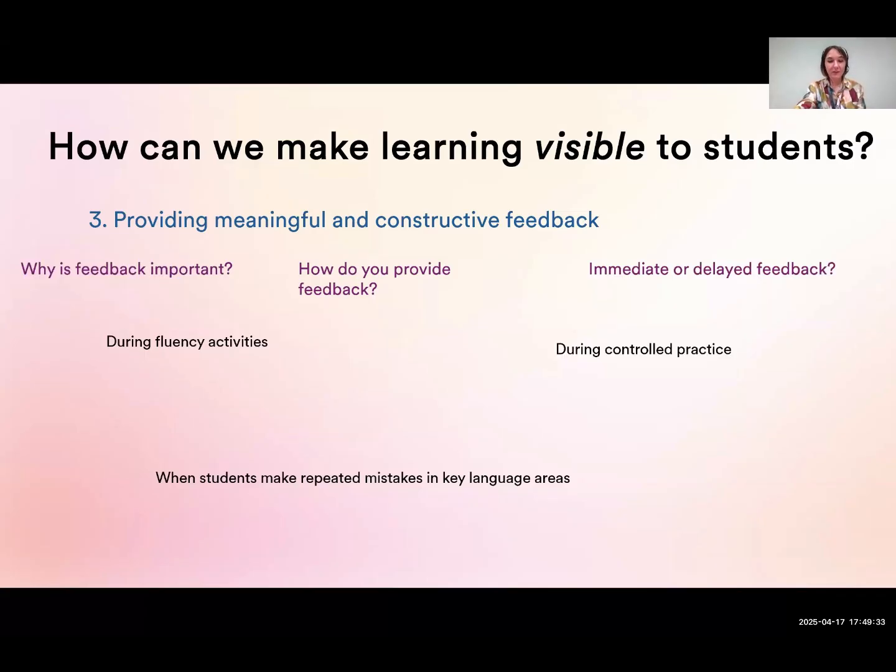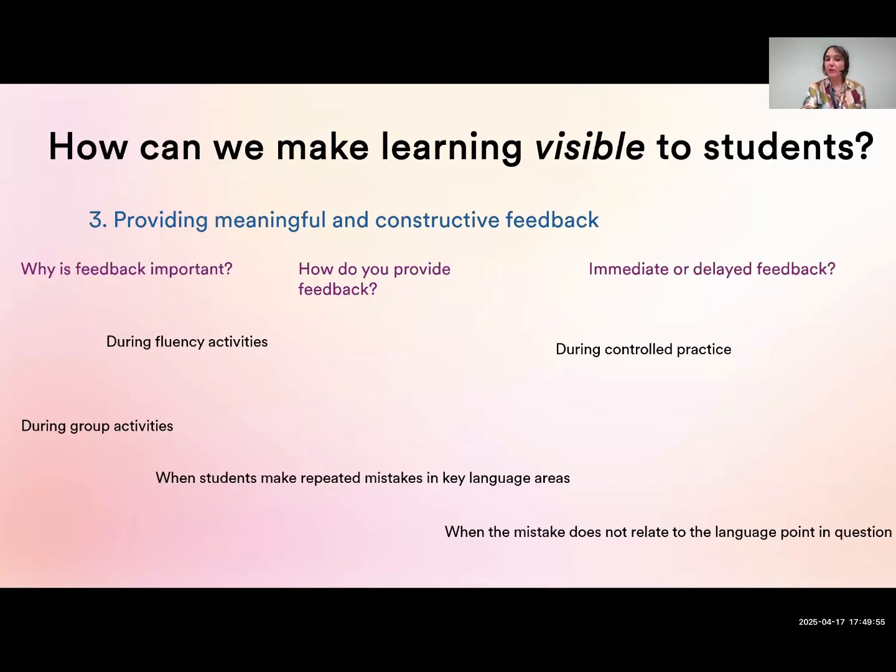During controlled practice is when we can stop and say, actually, look at this, because we're working on accuracy. We're not working on fluency. So it's okay to do immediate feedback. During group activities, maybe if they're making decisions or coming up with ideas, it's better to delay the feedback to later.